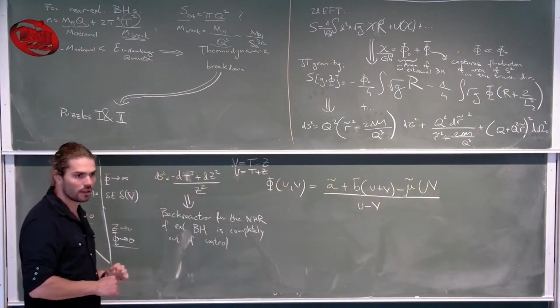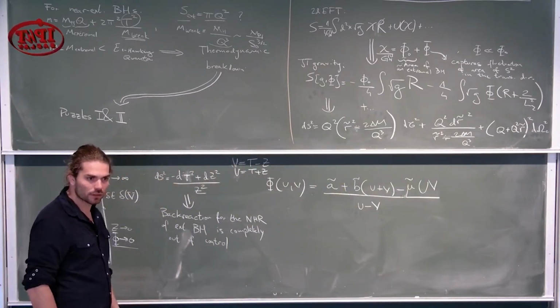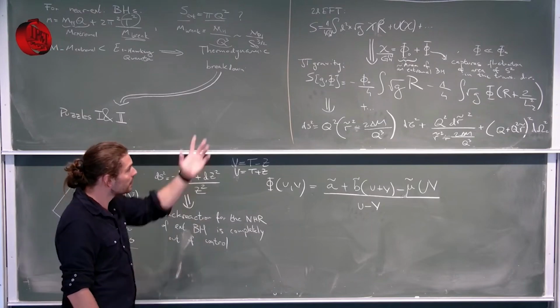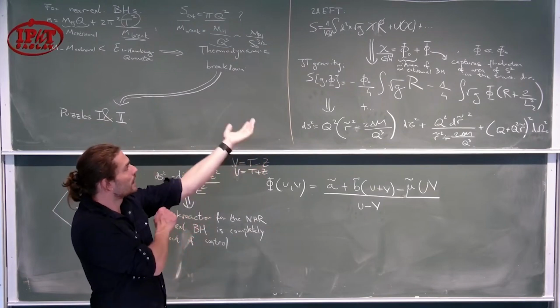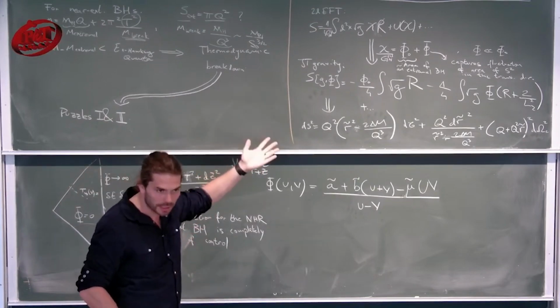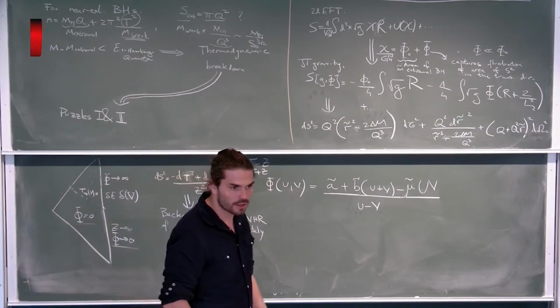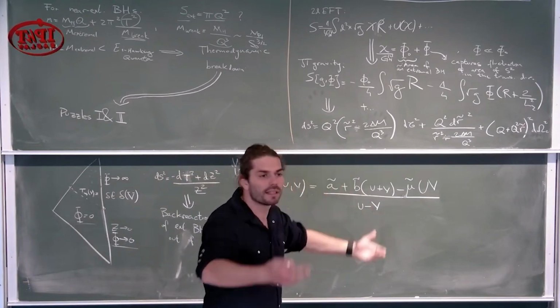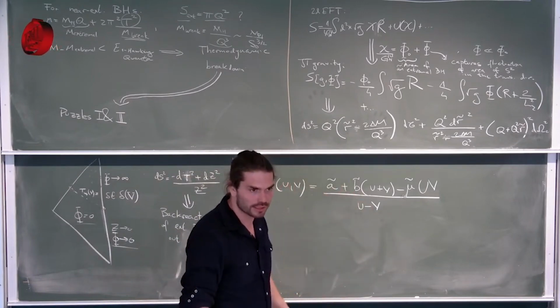That's it. It's not a problem with the extremal black hole per se. It's a problem with writing down the gravitational theory in AdS2 and taking the boundary conditions that we typically consider in higher dimensional AdS/CFT.